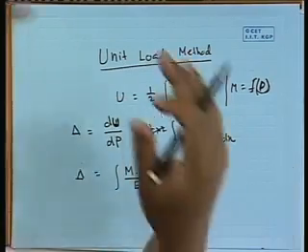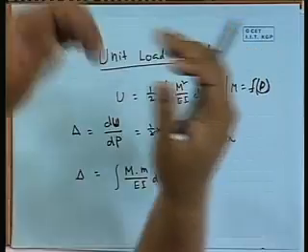Where we want to get the deflection, there we have to put 1 unit load or 1 unit moment and find the expression for the bending moment for the different segments. Then we multiply capital M and small m, divide by EI, integrate for the different zones and go on adding, and we will get the corresponding deflection or slope there. So, small m is the expression of moment generated by 1 unit force or 1 unit moment where we want to get the deflection or slope.